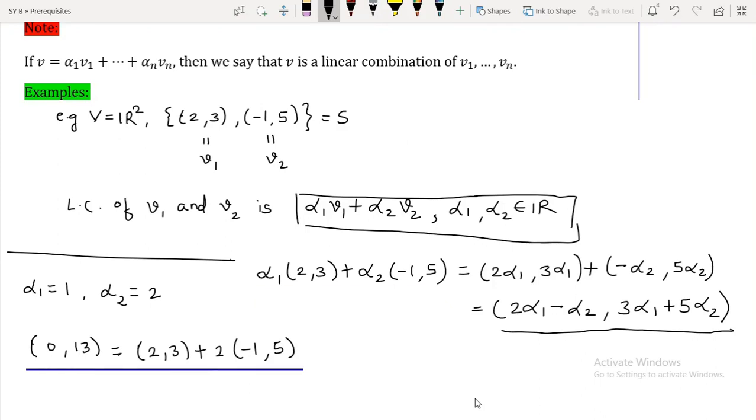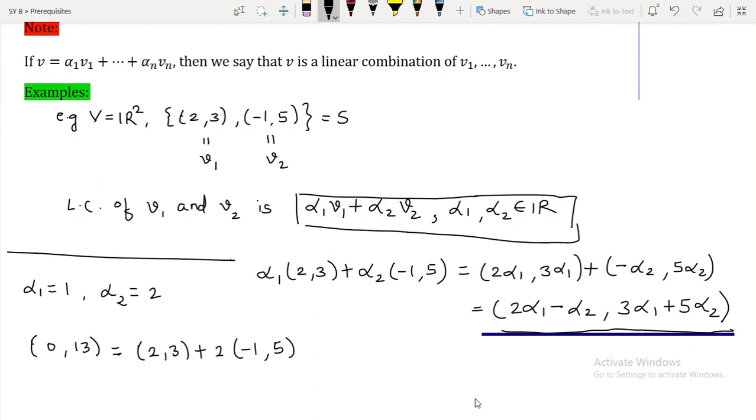If you do the calculations, you are going to get (0, 13): 2 minus 2 is 0, and 3 plus 10 is 13. So we can express (0, 13) as a linear combination of (2, 3) and (-1, 5), because this is nothing but a linear combination of V1 and V2, where alpha 1 and alpha 2 are real numbers.